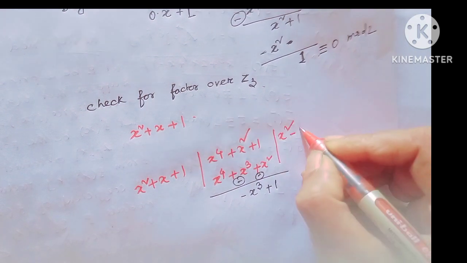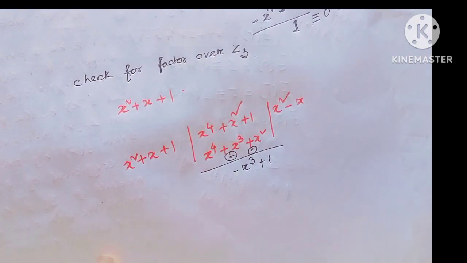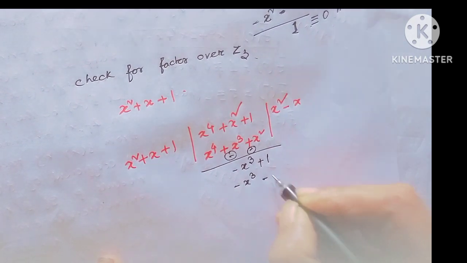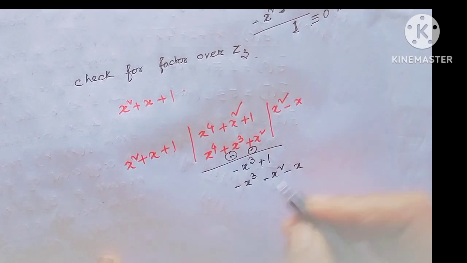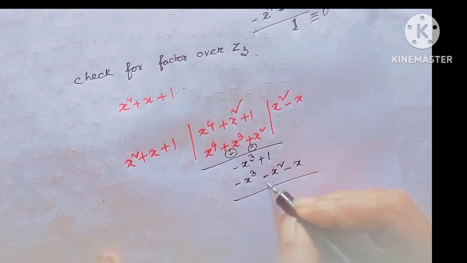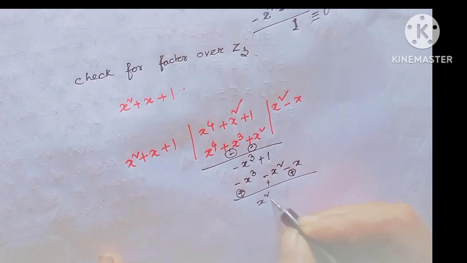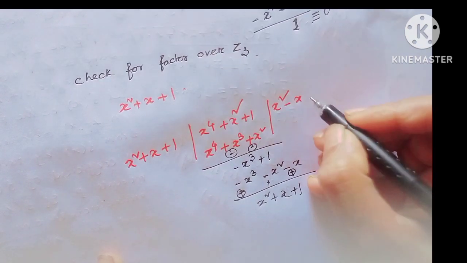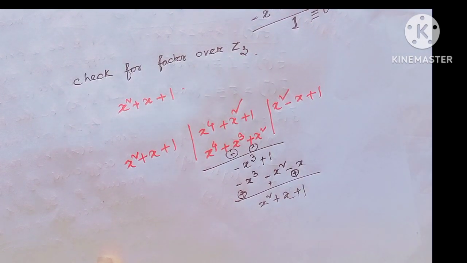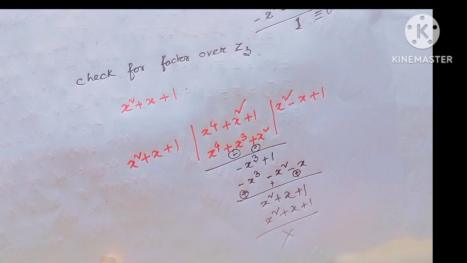here minus x, then this value would be minus x cube minus x square minus x, then this value would be x square plus x plus 1, here plus 1, then this value is x square plus x plus 1, this is 0.